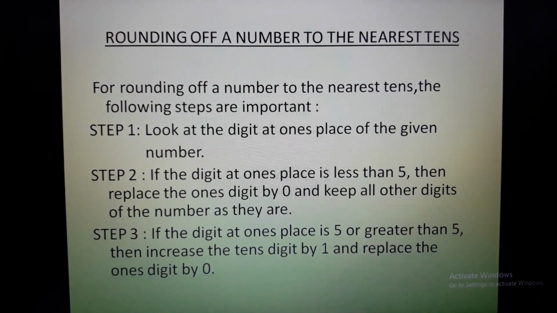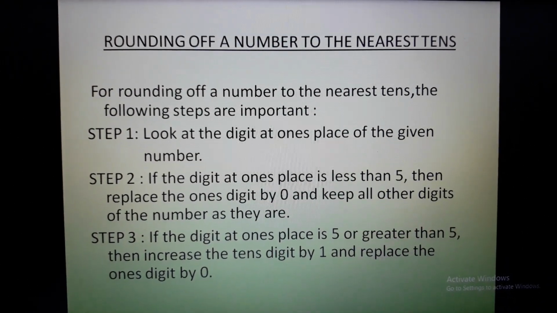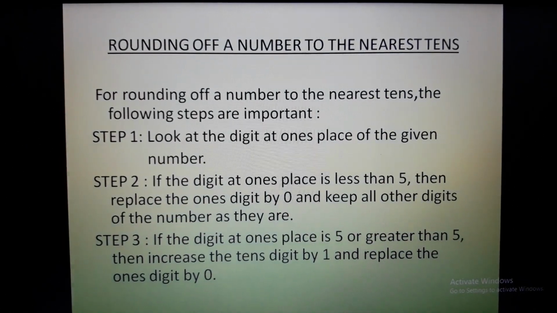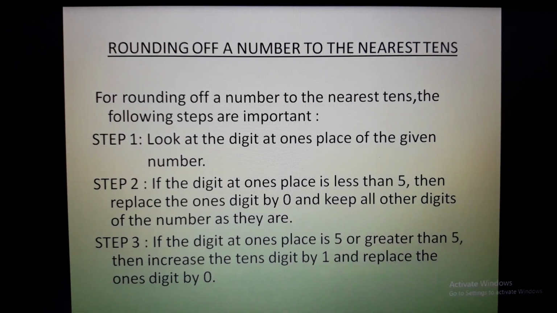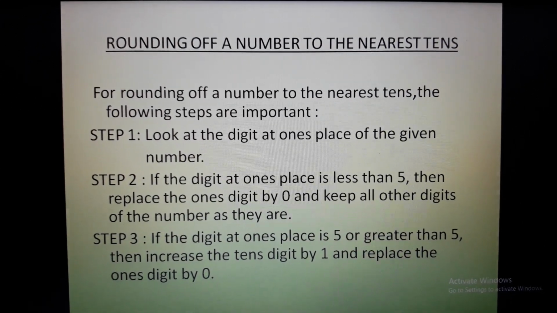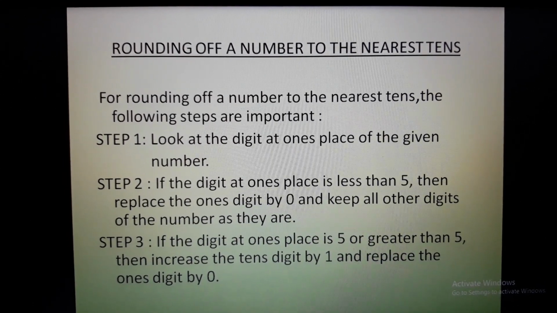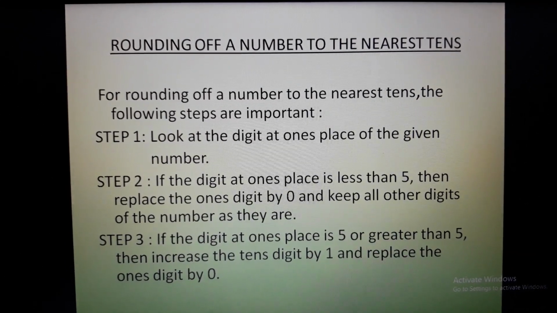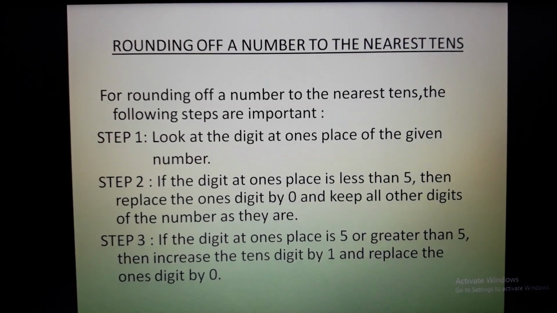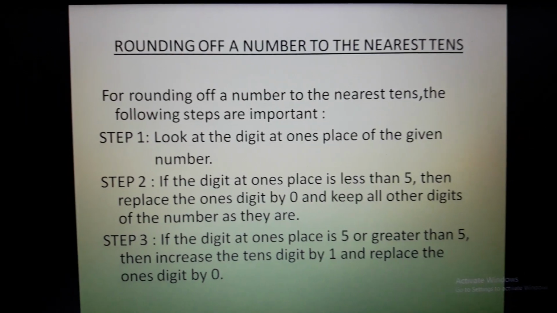Step 2: If the digit at the ones place is less than 5, then replace the ones digit by 0 and keep all other digits of the number as they are. Step 3: If the digit at the ones place is 5 or greater than 5, then increase the tens digit by 1 and replace the ones digit by 0.